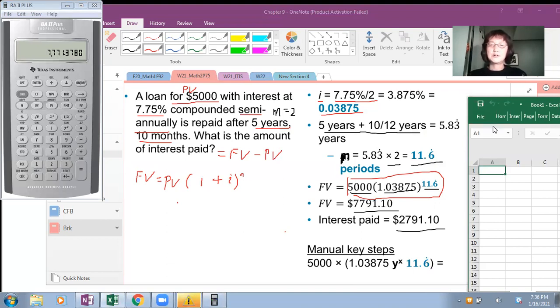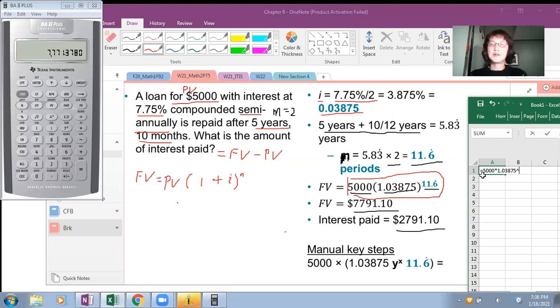So equals 5,000 times bracket 1.03875 raised to the power.